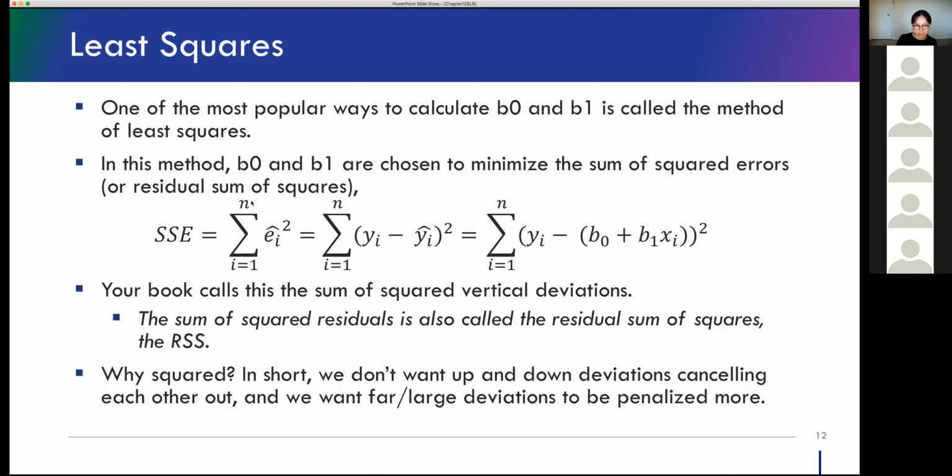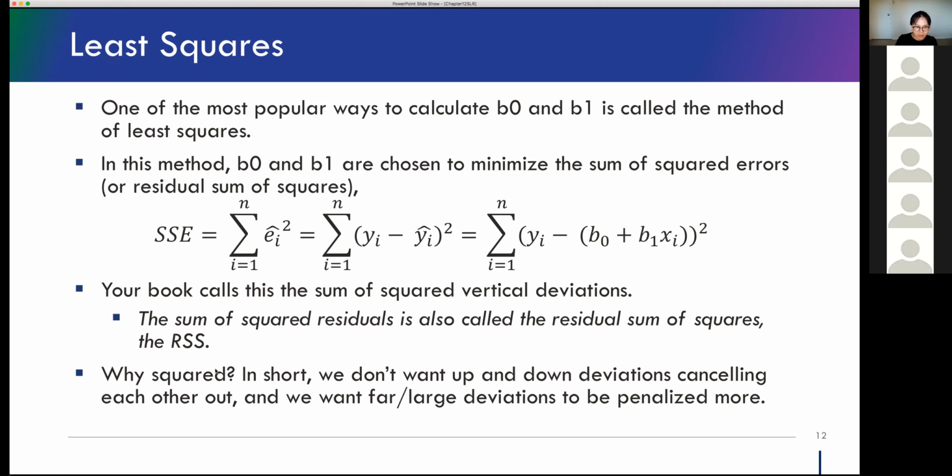We normally just call it SSE, sum of squared errors, or if you call it residual sum of squares, call it RSS, but they are the same thing, which is the sum of the squared residuals.